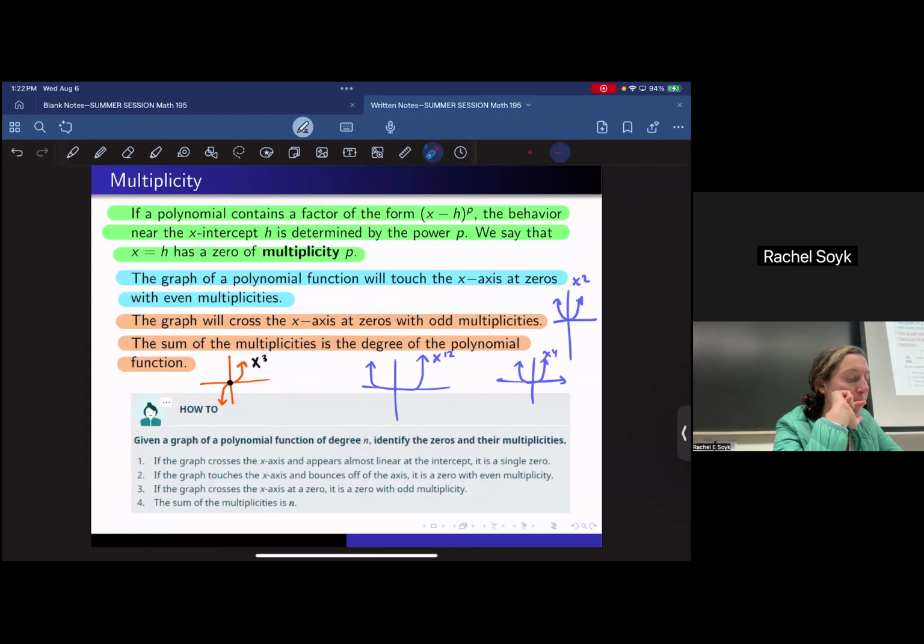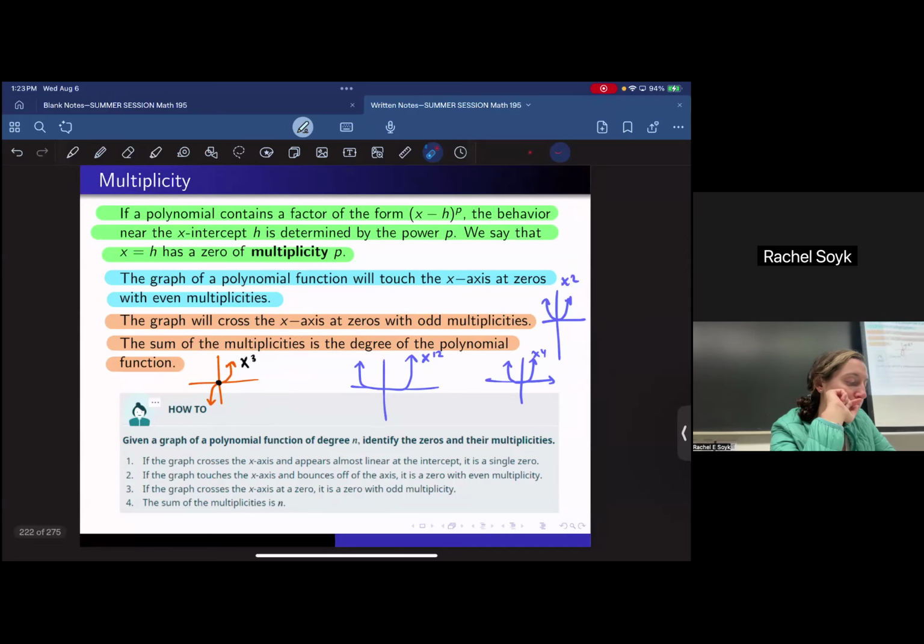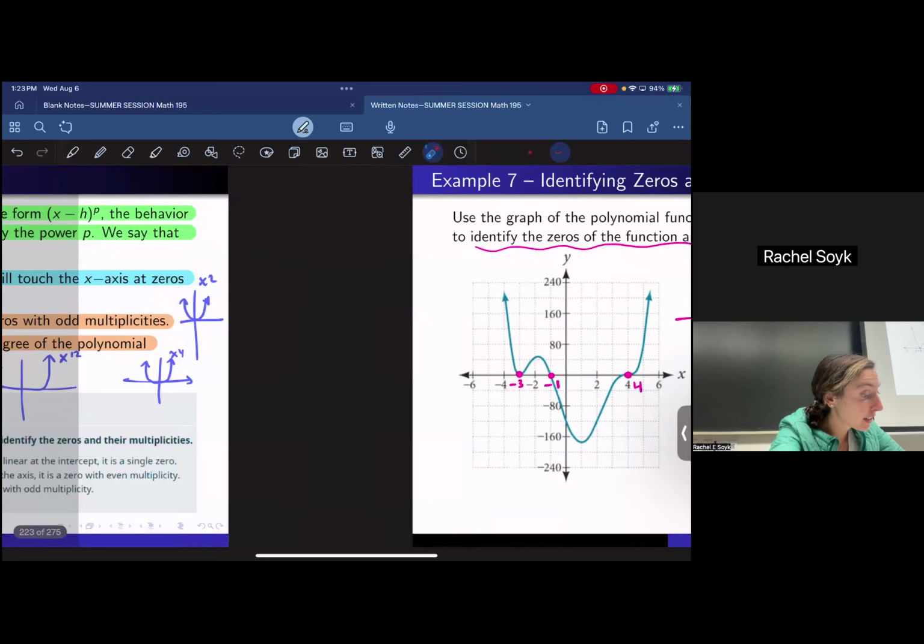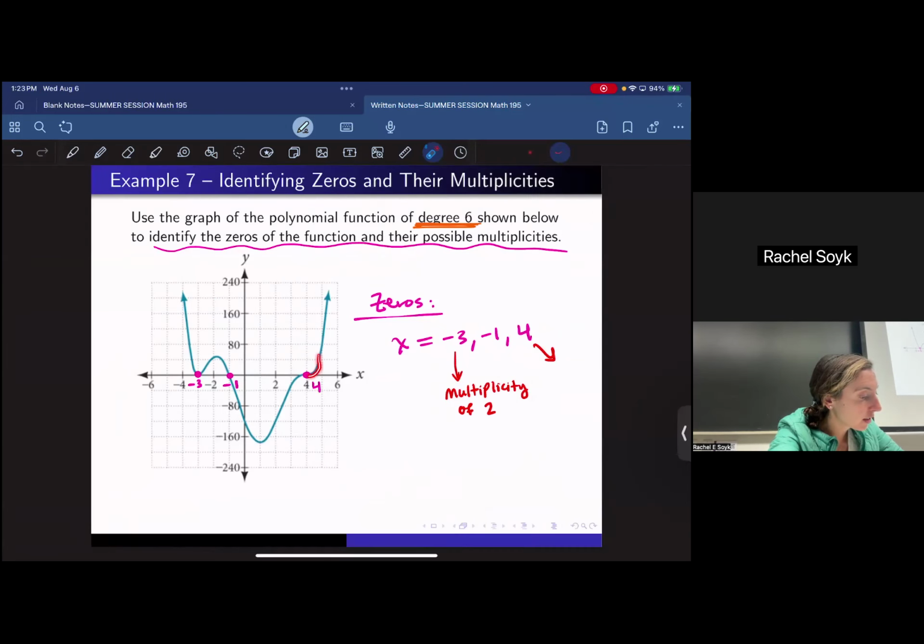And a good example of the odd one is x to the third. And so you can really see that one right here. We're dealing with a cubic, so we have a multiplicity of 3 here.